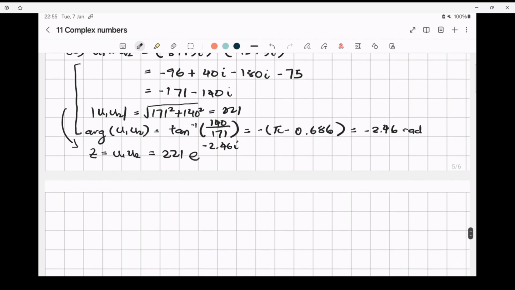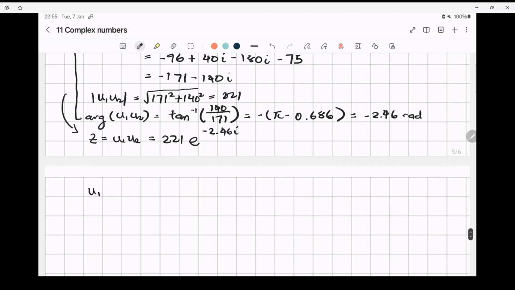Okay, so now let's do the other way around. Let's say we already know U1 is 17 e to the 1.08i. U2 we already know is 13 e to the 2.75i.